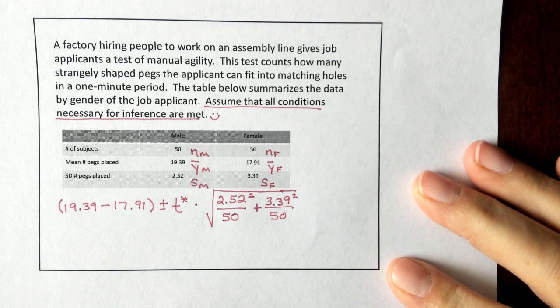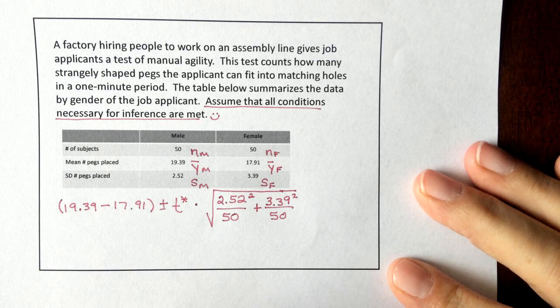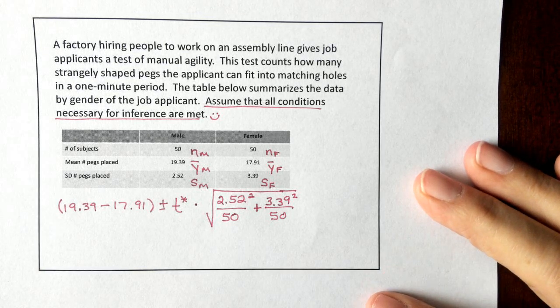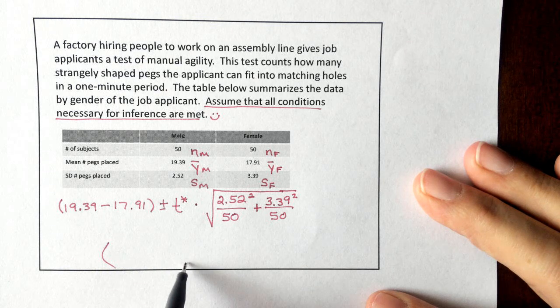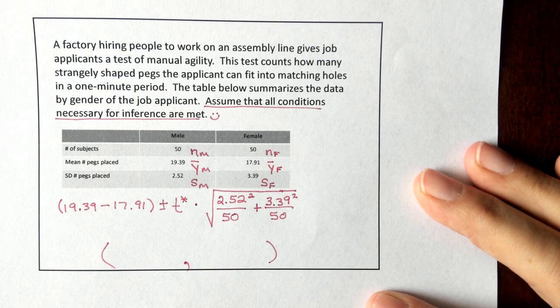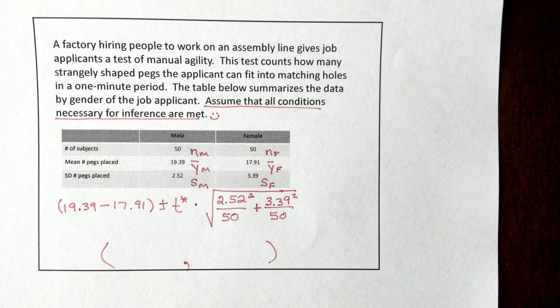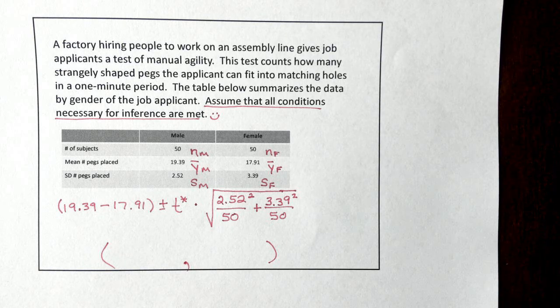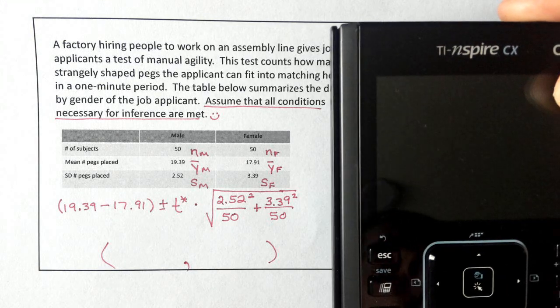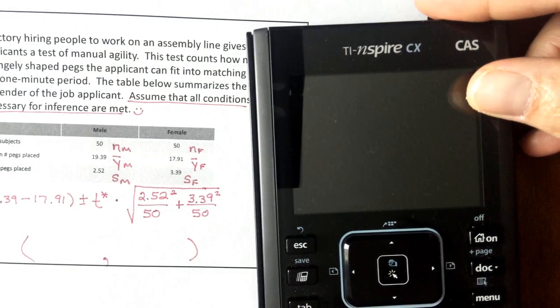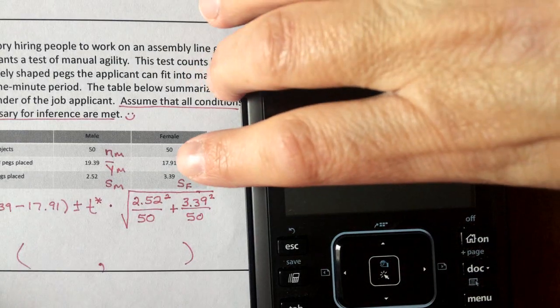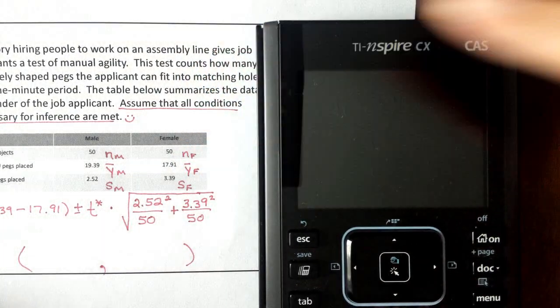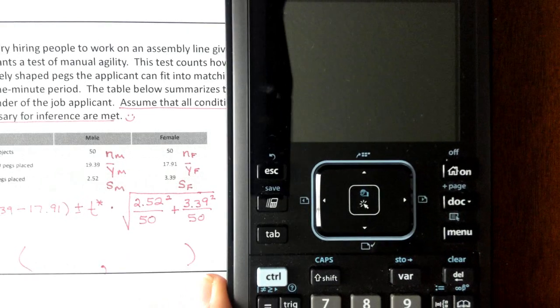Much, much less messy than working with proportions. Now the rest of the work is just doing the computation. I need an actual confidence interval, and to get that, I'm going to let the calculator crunch the numbers. Like with a single sample in the last chapter, we have options when we use our calculator.